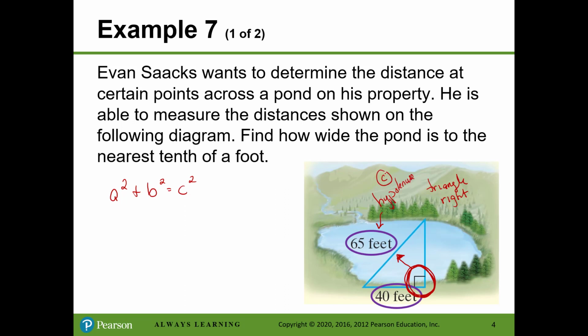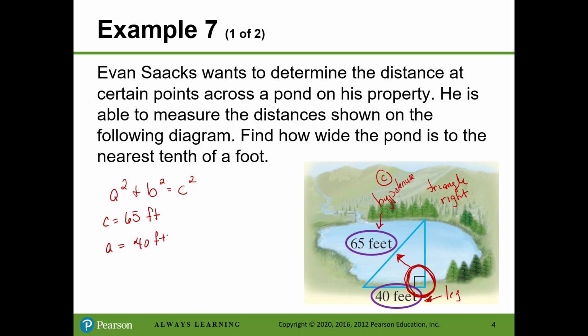Also consider the number for C. The 40 feet is on a leg, isn't it? And you know what? It's your choice. Is this leg A? Is this leg B? It doesn't really matter. It's your choice. But the one thing you know is that C is equal to 65 feet. And let's just say A is equal to 40 feet.